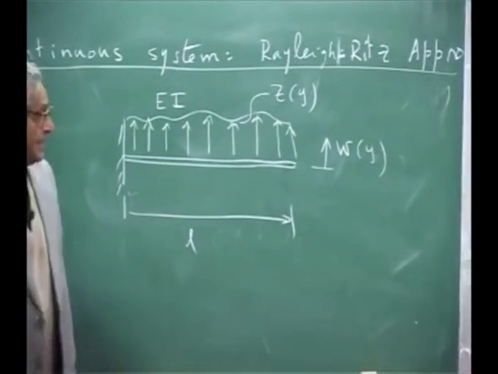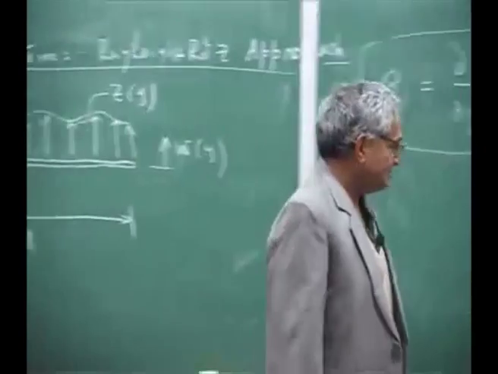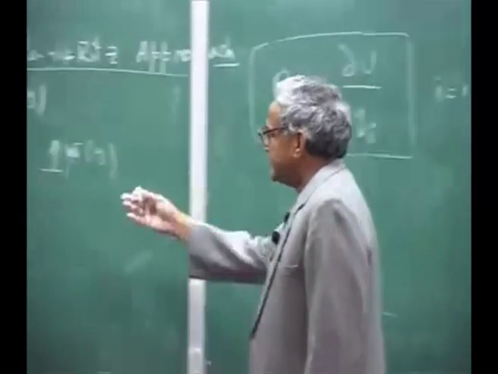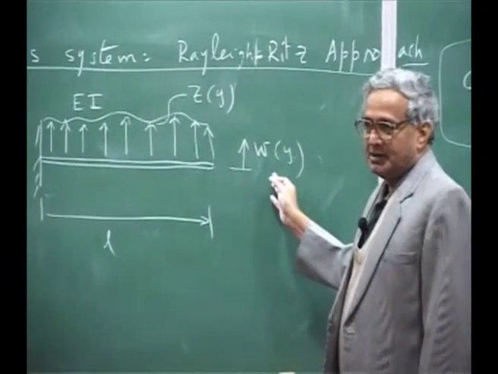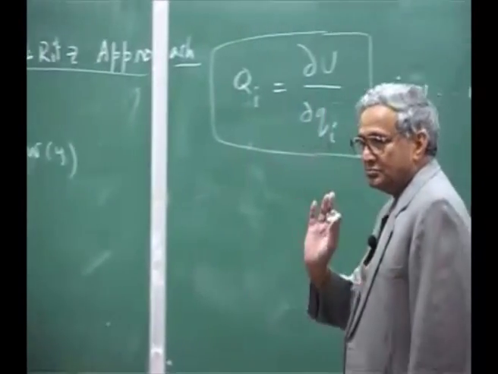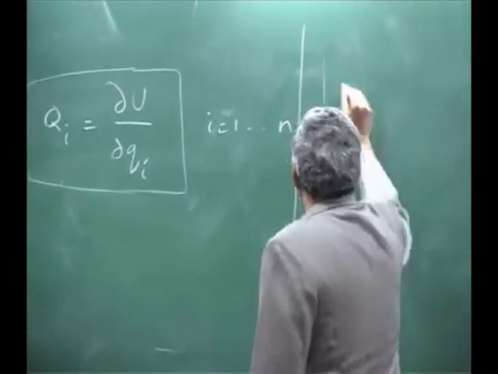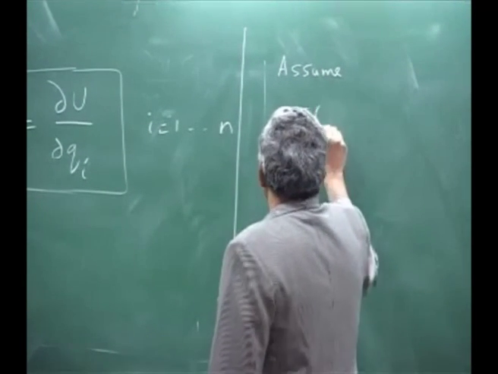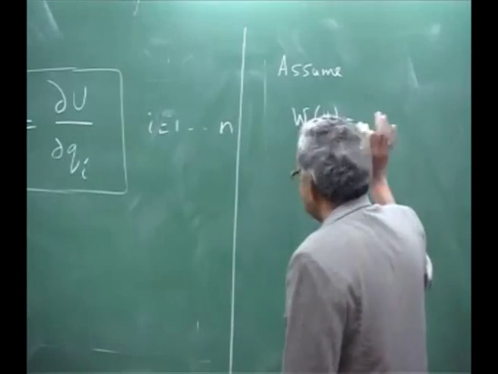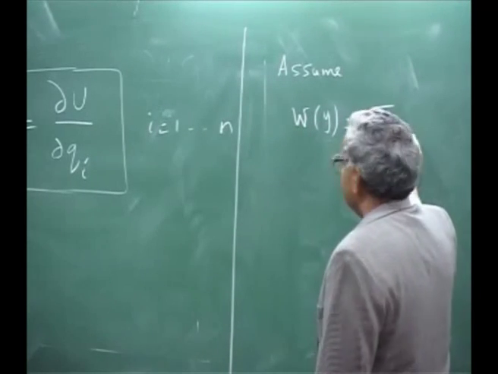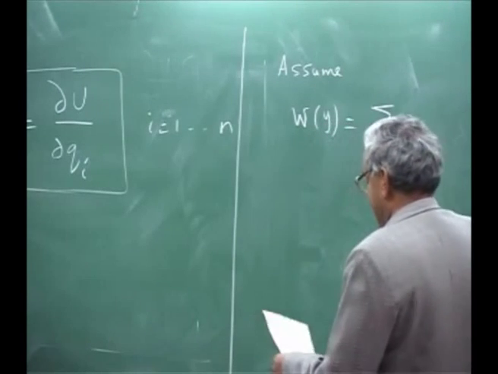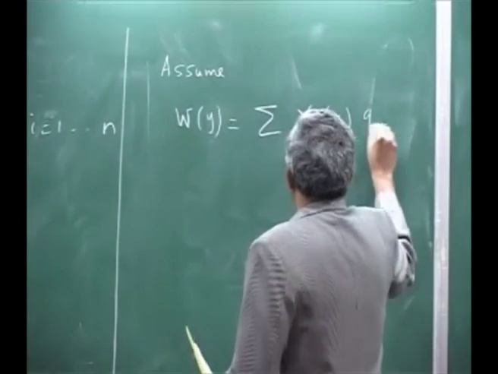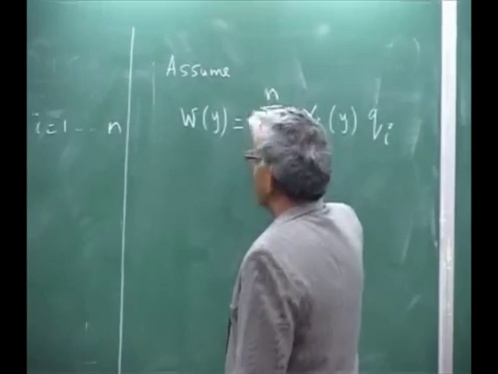Now the first thing we do, before we start writing everything, what do we want to obtain? We want to obtain the deformation. So I am going to assume that my W(y) is approximated, please understand, with gamma i, which is a function of y, multiplied by q_i.